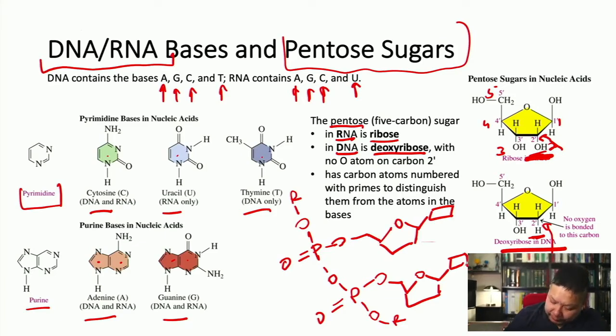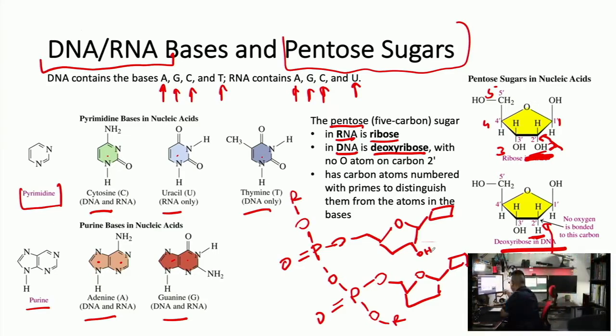Okay. So on RNA, the second carbon has an OH, right? And the way DNA is twisted, which you can actually see back here on my Lego molecule. It's hard for me to point. Oh well, the scene just changed. But the way DNA is twisted in the double helix, right?